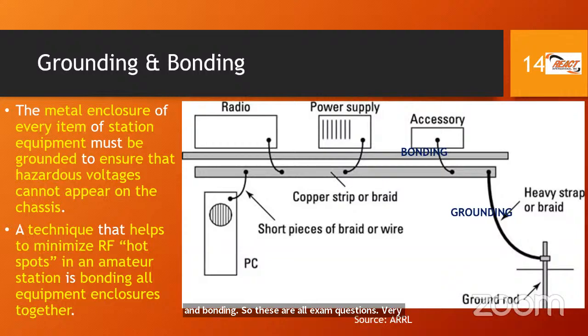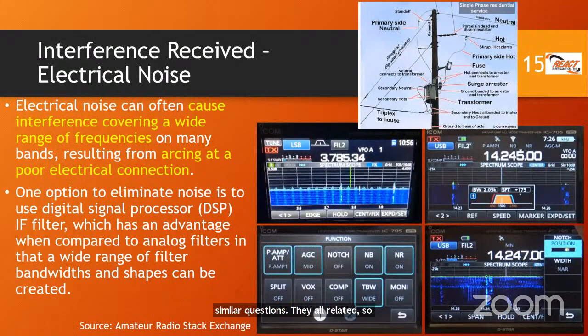So, let's talk about another issue that we amateur radio operators encounter, and that is electrical noise. On your screen here, hopefully you can see it, there's an electrical pole and there's a transformer. Sometimes, if there's a poor connection on the transformer or one of these high voltage lines, or medium voltage lines, running here on the line, you can have what is called arcing.